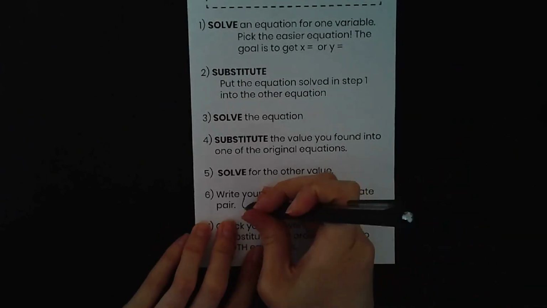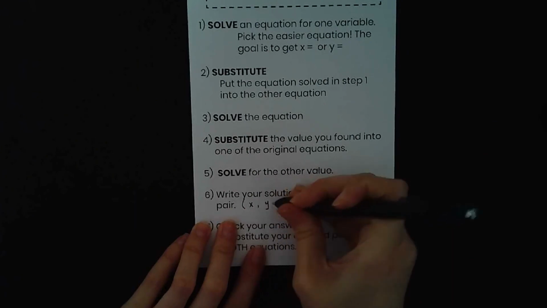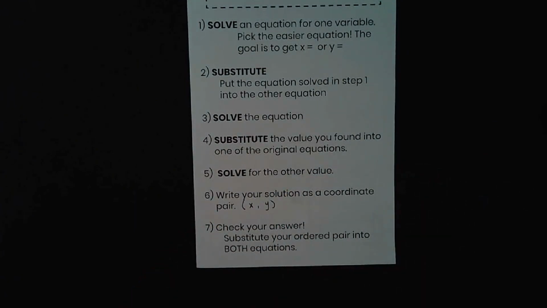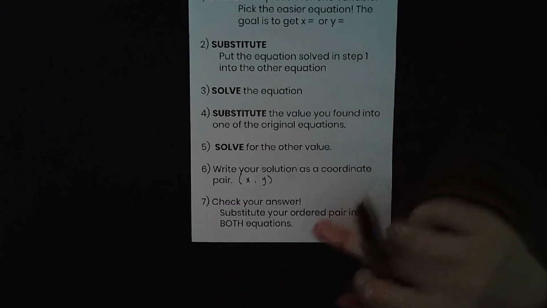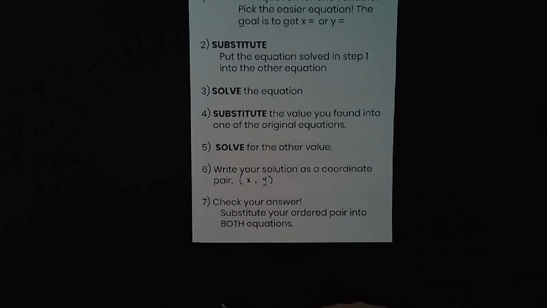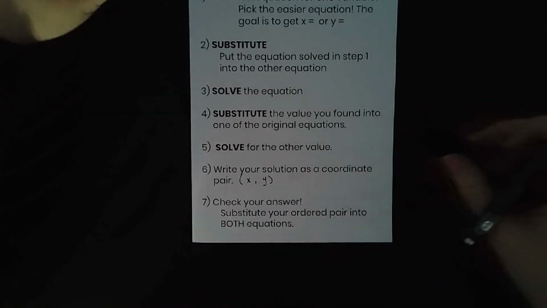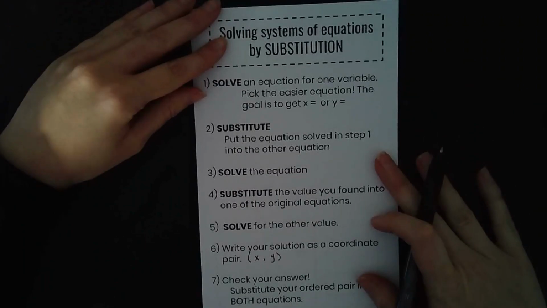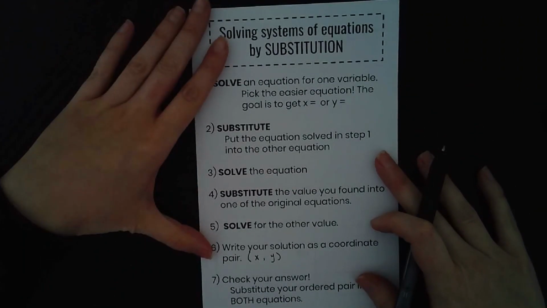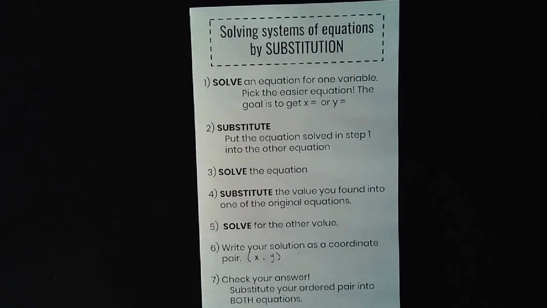So that means in parentheses, all of our answers would look like x comma y. Once we have an answer, we can check it and make sure that we got the right answer. So we're going to do one example in this notes page. And then we're going to do one example just on the next page in your notebook.